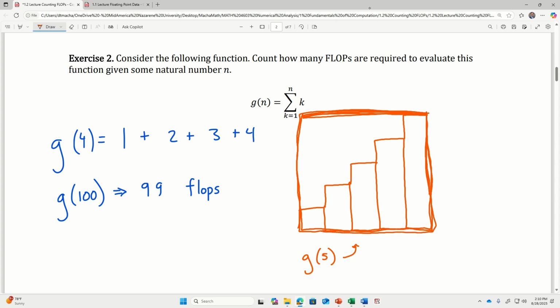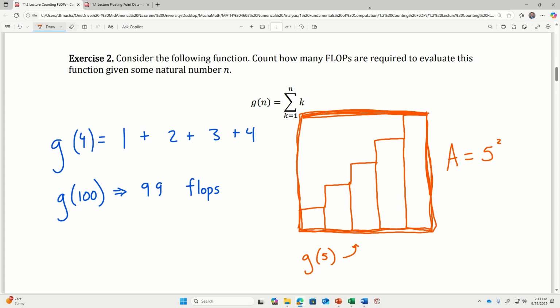The area of this giant square is the base squared. What's the width across the bottom? 5. And what's the height? 5. Yeah. This is a 5 by 5 square.